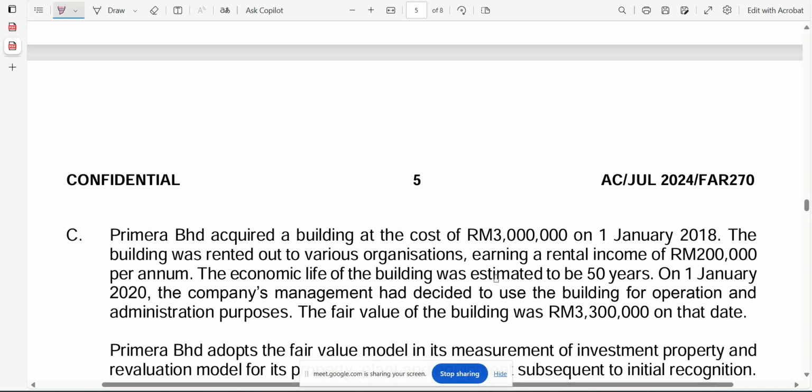Okay, today again we are going to do another question which is going to illustrate the application of the issue on transfer under MFRS 140.